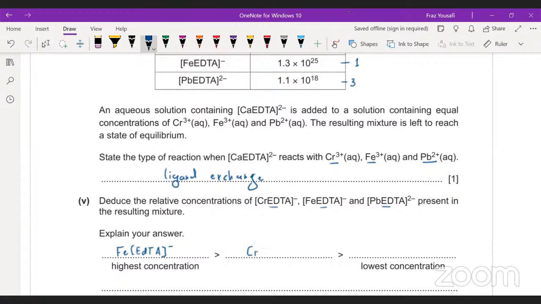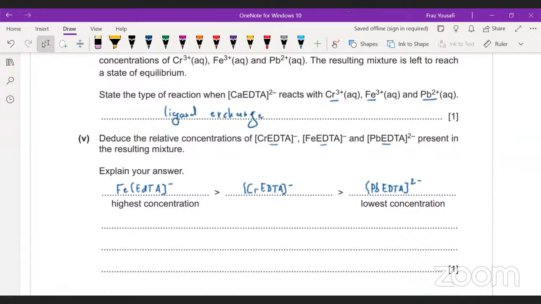Then you will have your chromium -1. And then finally, at the end, you will have your BBEDTA 2 minus.